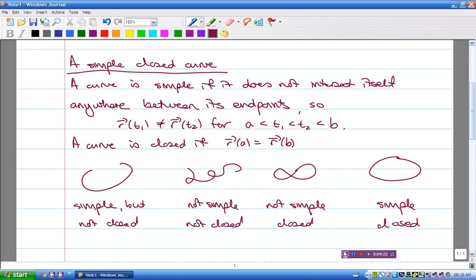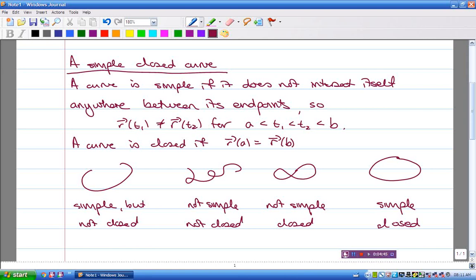Question? What if it goes back and forth on a straight line and has no enclosed area? Then it would be simple and not closed. Yeah, if it's along a line, basically like a line segment. And if it came back on the same line? No, you'd look at the actual picture that it makes, more than the motion of the particle along it.